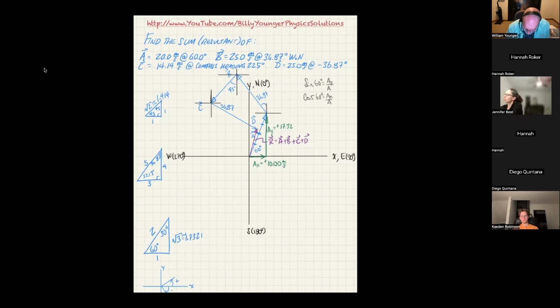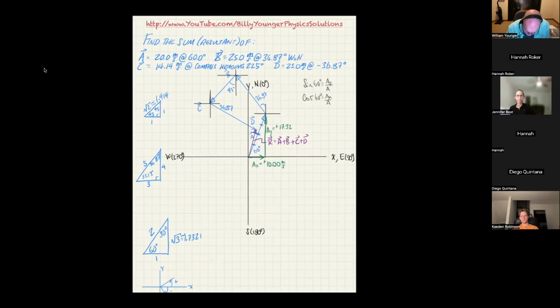So I know it goes in the positive y direction, which means I am going to draw from here straight to there. Now that went horribly, so I'm going to do it again.